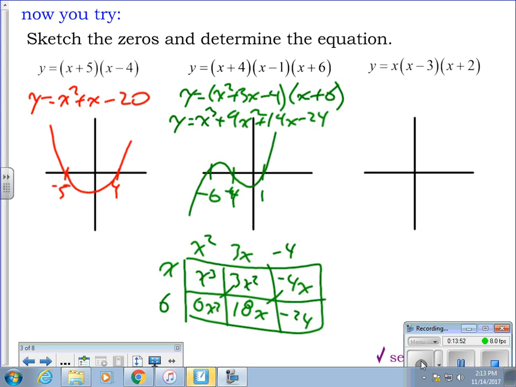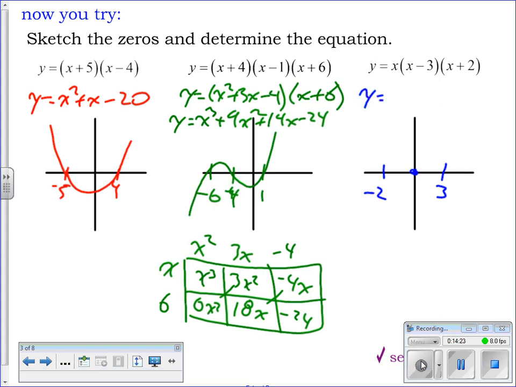Put it in the box, the diagonals give me like terms, combine them. Last but not least, the x in front gives me a zero at 0. x minus 3 gives me a zero at 3. x plus 2 gives me a zero at minus 2. If I multiply the x minus 3 times x plus 2 using this shortcut, I get x squared.